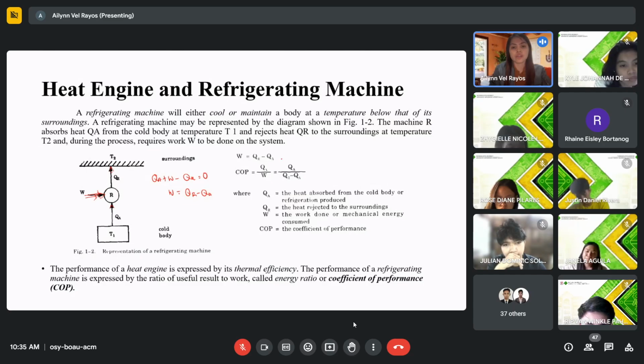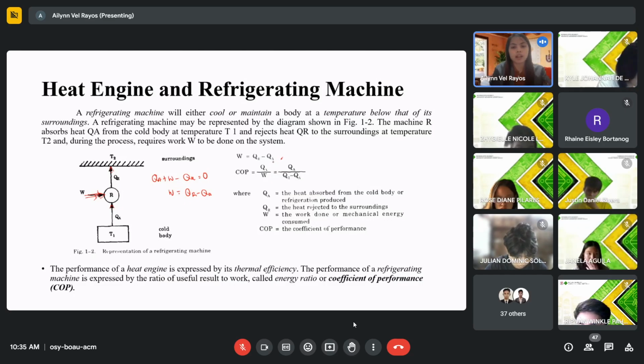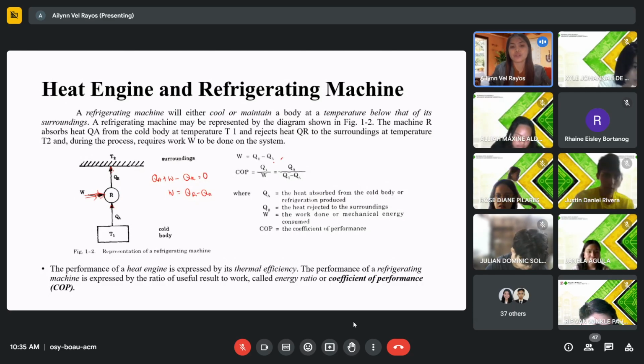The performance of a heat engine is expressed as thermal efficiency, kagaya ng kanina, which is work over heat added. But the refrigerating machine is represented as coefficient of performance. The performance of a refrigerating machine is expressed by the ratio of useful result to work, which is called energy ratio or coefficient of performance.